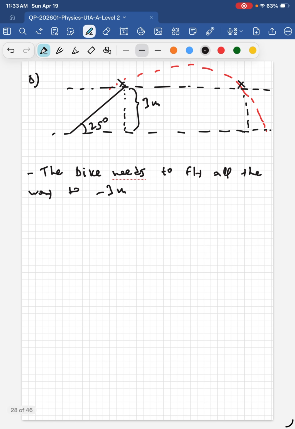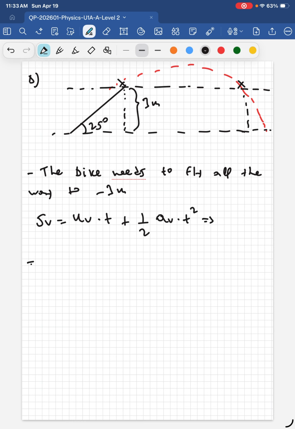Okay, so we will use the SUVAT equation: S vertical is equal to U vertical times T plus 1/2 the acceleration in the vertical direction times T squared.